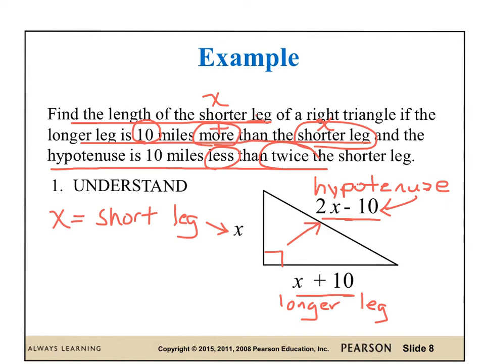And the hypotenuse is 10 less than twice the shorter leg, and so since it's less, we subtract. Now that we've got that out of the way, we will move on to solving the problem.